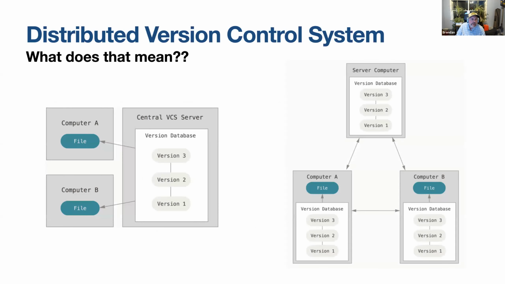So I mentioned distributed. So what is a distributed version control system? Originally, there was what was called a central version control system, where each user works off a central server. Now, in most of my career, I worked for the Ministry of Education, and we, for a really, really far too long period of time, used something called Visual SourceSafe, which was a Microsoft product, which has since been replaced.